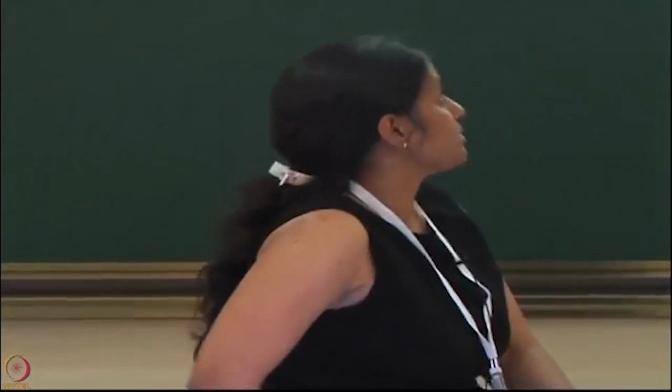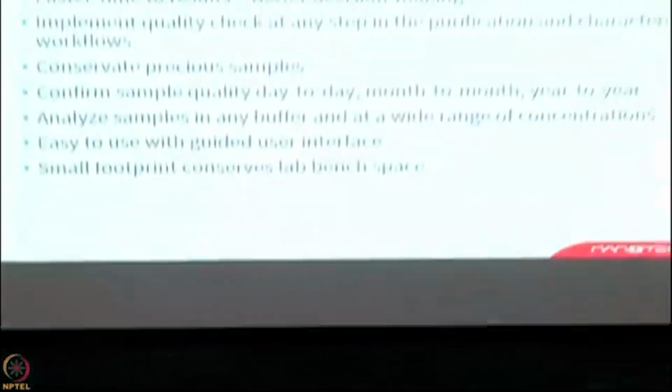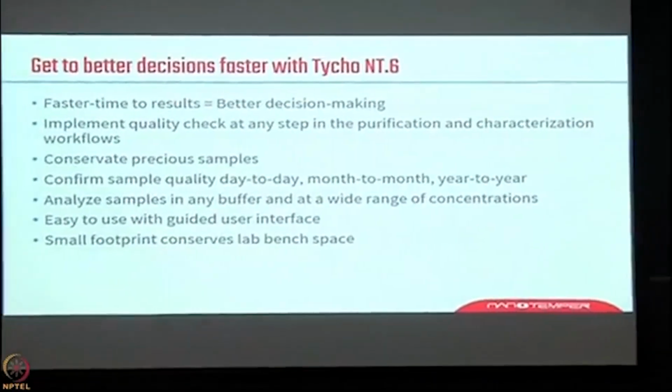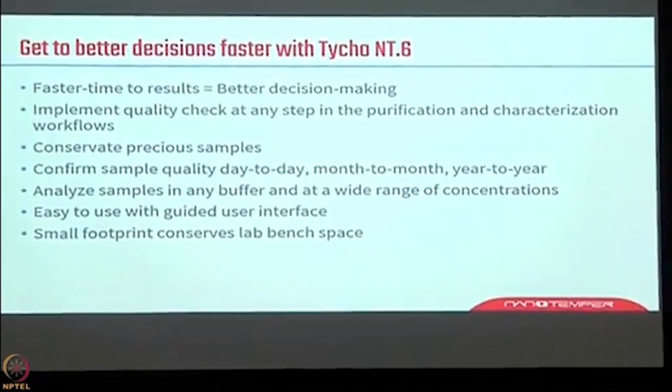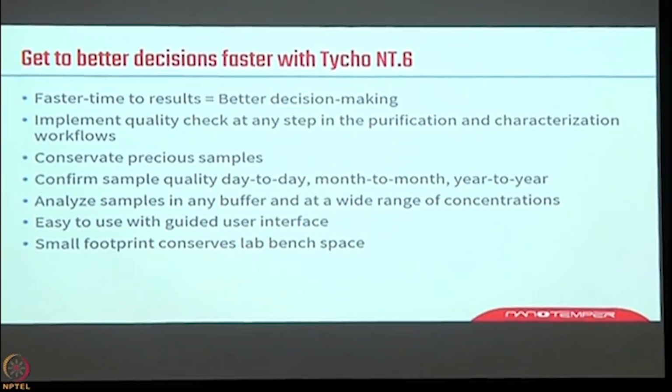The basic benefit is that it is a faster measurement technique, and it checks at the purification and the characterization levels. If you have batch-to-batch samples, 1-day-old samples, 10-day-old samples, or very old samples, or you are freeze-thawing the samples, you can check them one by one and see the actual purity, whether it has denatured or not.